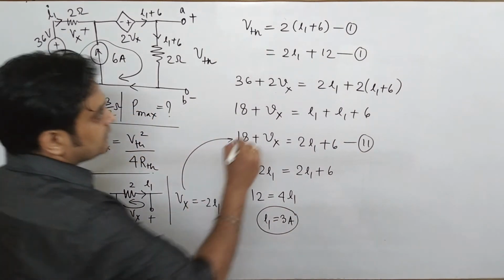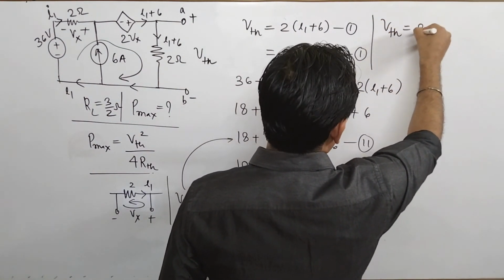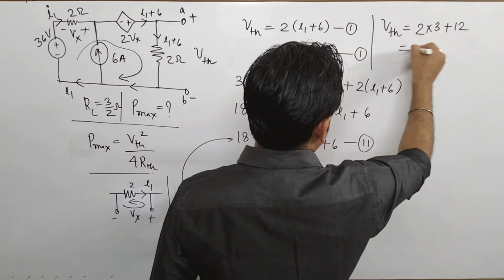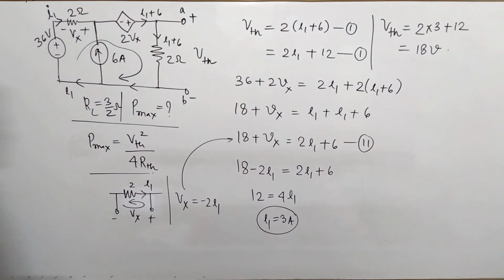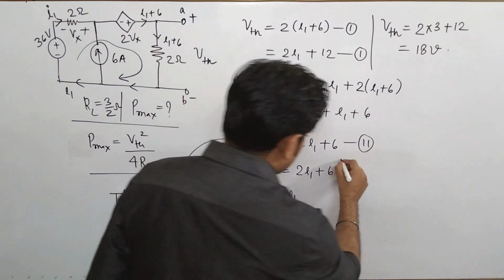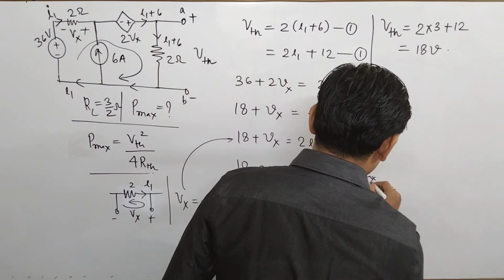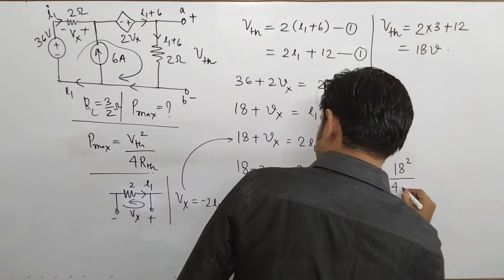So once you get the value of I1 as 3 ampere, you can find the value of VTH. So that comes to be how much? Your value of VTH comes to be 2 into 3 plus 12, and that comes to be 18 volt. So this is the value of your VTH. Now once you get the value of VTH, your maximum power Pmax is equal to VTH square, that is 18 square upon 4 into RTH.